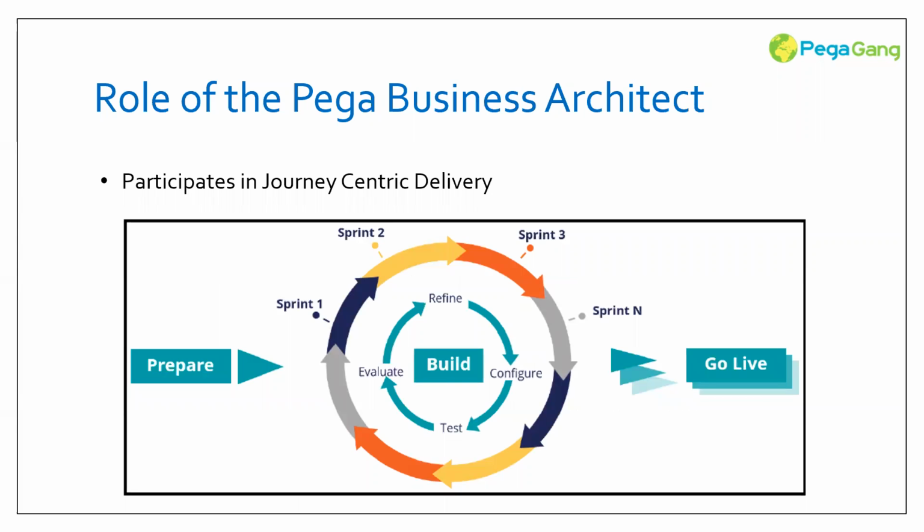So the major part where the Pega business architect plays a vital role is in the journey centric delivery. So what do we mean by journey centric delivery, a term which has been coined by Pega Systems? In this journey centric delivery, at the start of the project, the project team members and the customers will be identifying the user stories.